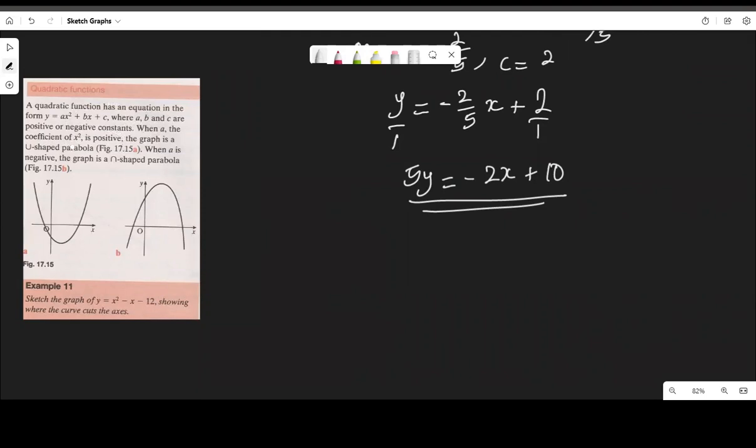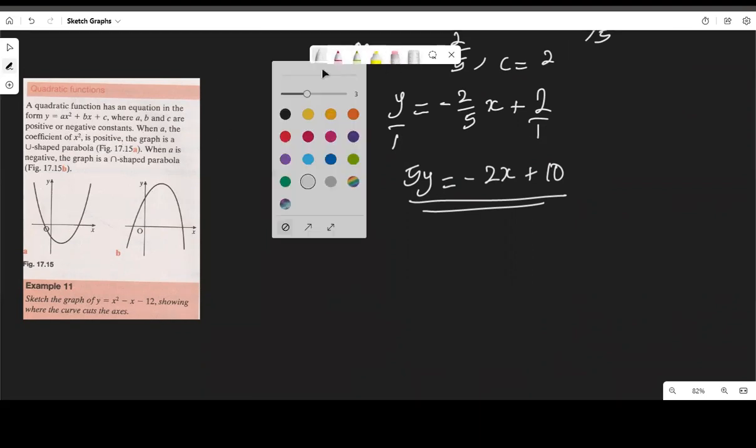When a, the coefficient of x squared, is positive, the graph is a U-shaped parabola, like this one here. Whenever the coefficient of x squared, which is a in this case, is greater than 0, that is positive, we have a U-shaped parabola.